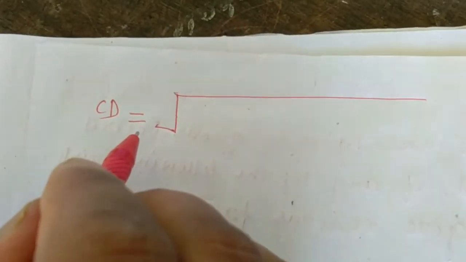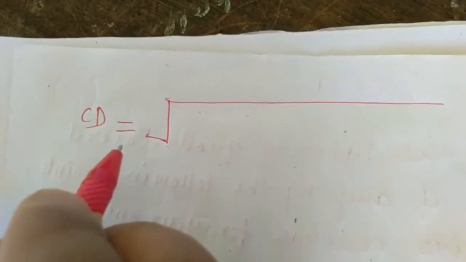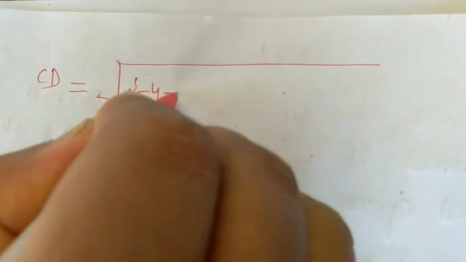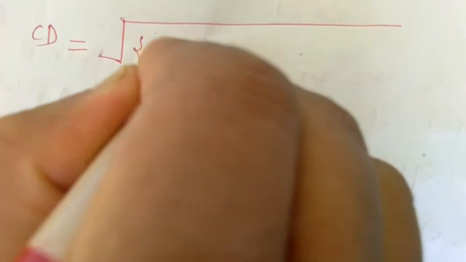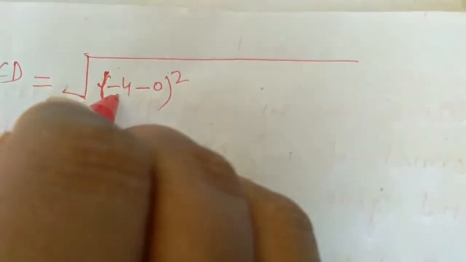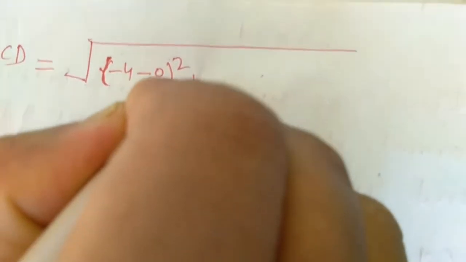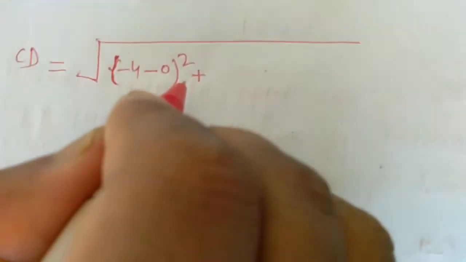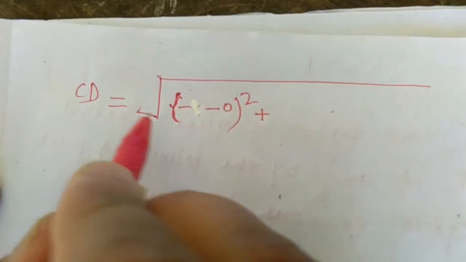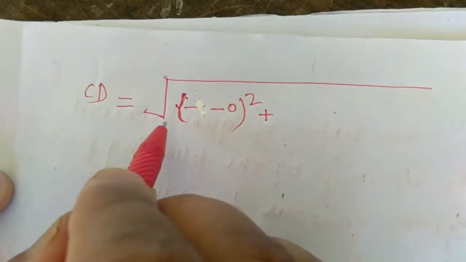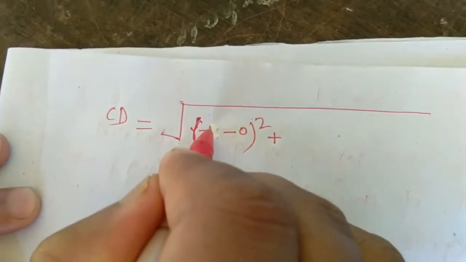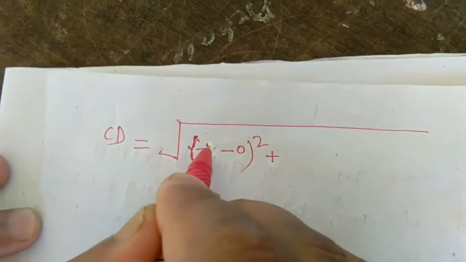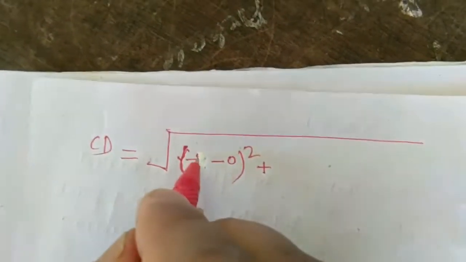See here x2 means minus 1. Okay, before I told minus 4, so sorry, that one, x2 is not minus 4, it is minus 1.